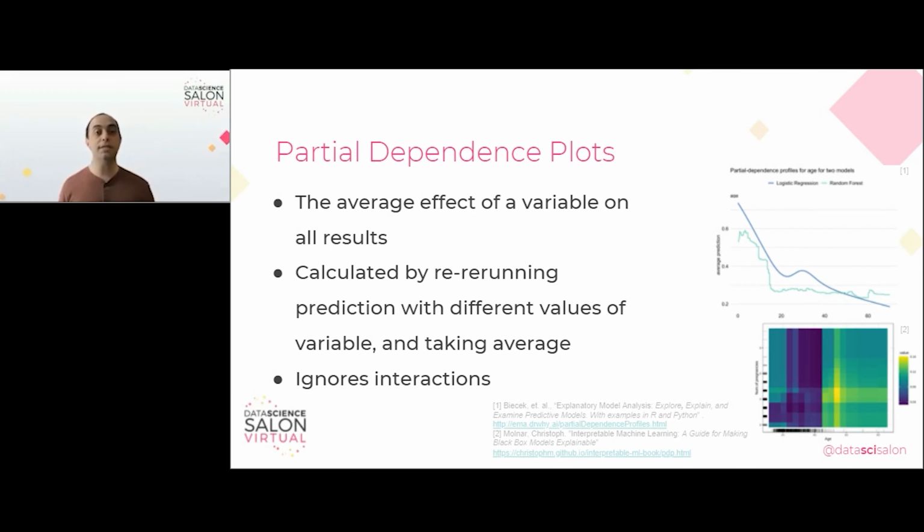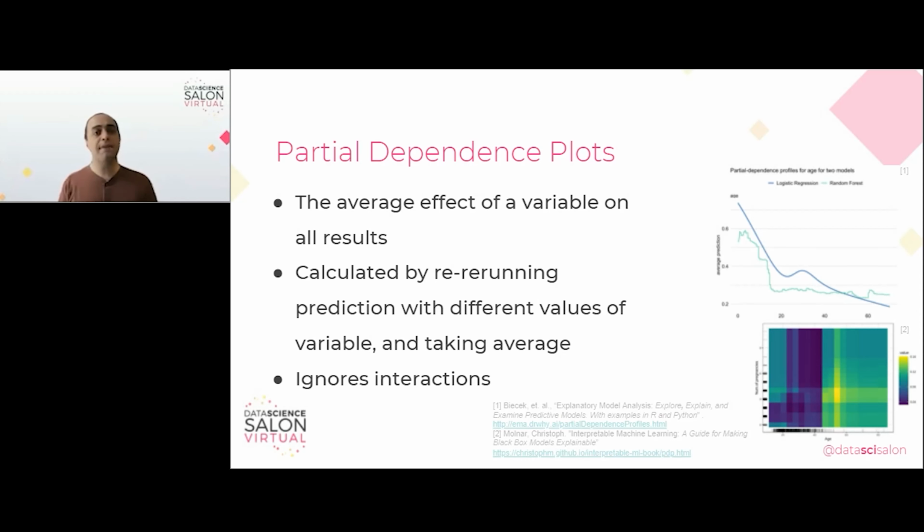For the logistic regression, people were less likely to have survived as they got older. That's actually kind of similar for random forest. But there's a difference. For logistic regression, with one exception, as everybody gets older, they were less likely to survive. A logistic regression predicted that a 70-year-old was less likely to survive than a 60-year-old.